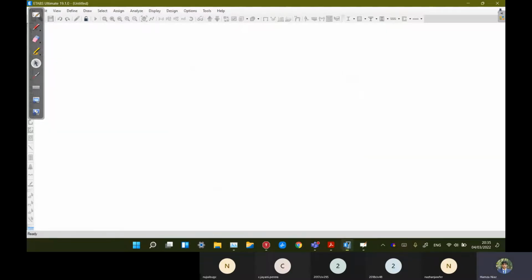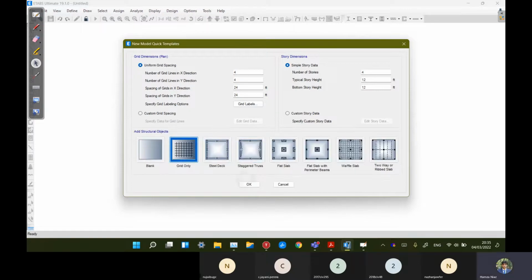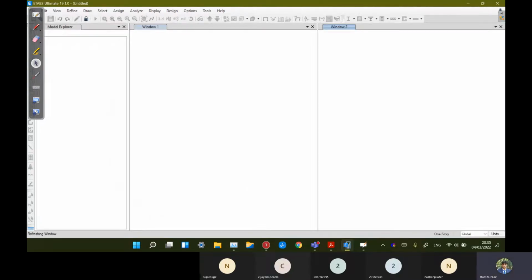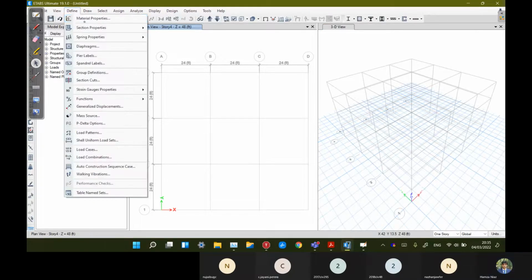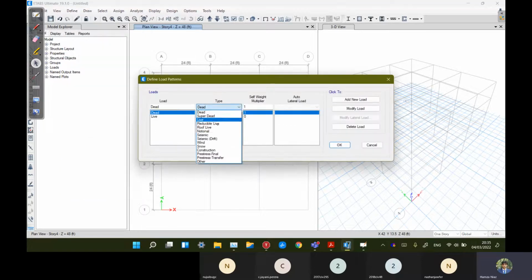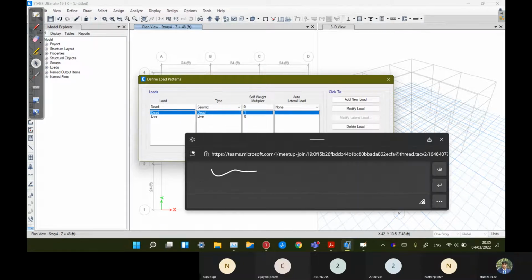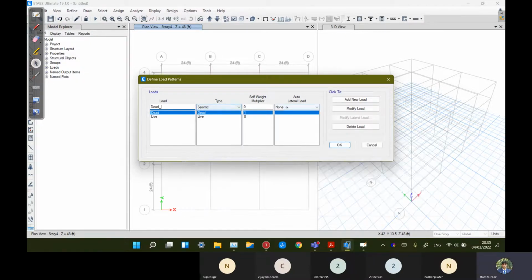One moment. If we go to this, select any one, go to Define, then Load Patterns, and just define a seismic one, based on ASCE.